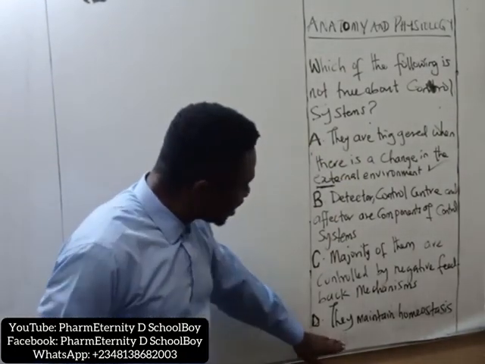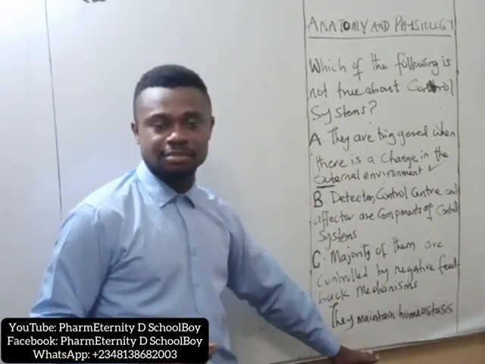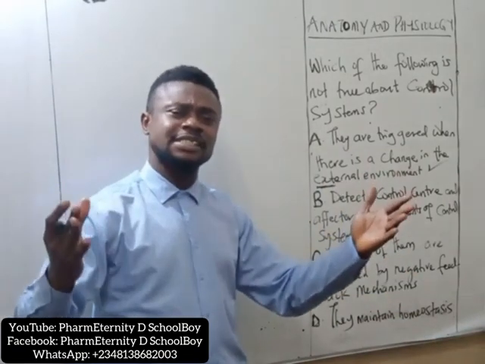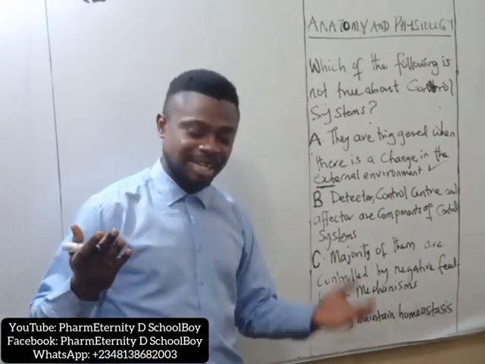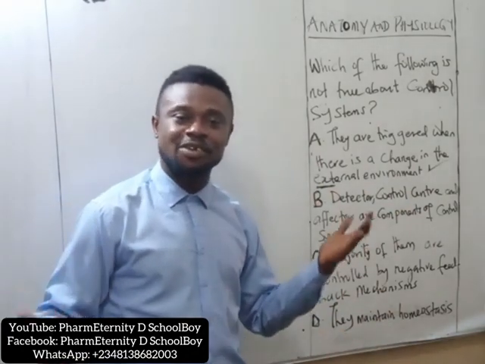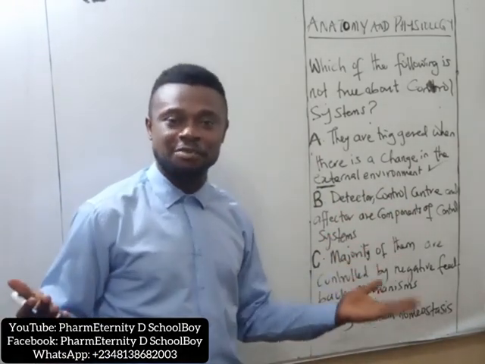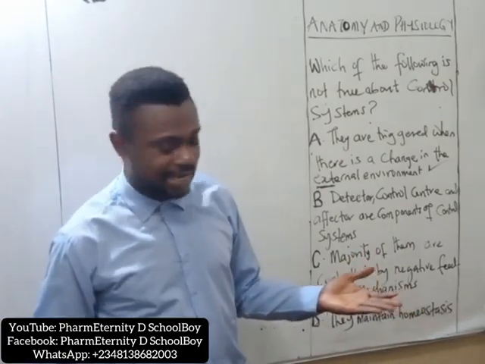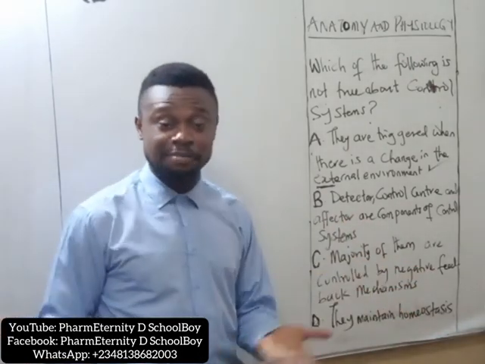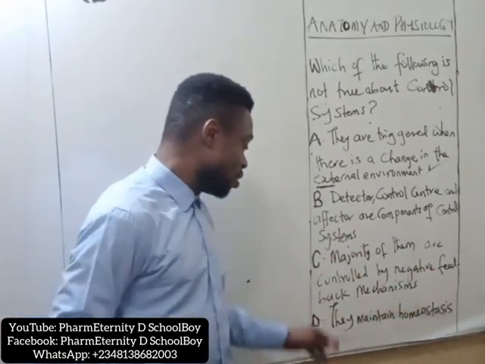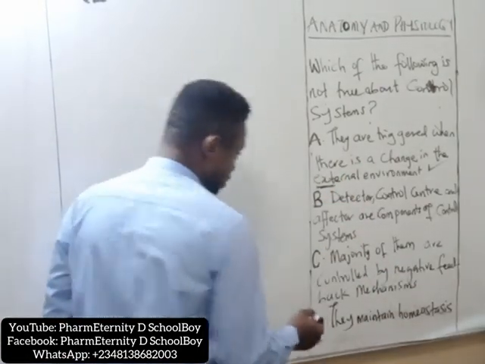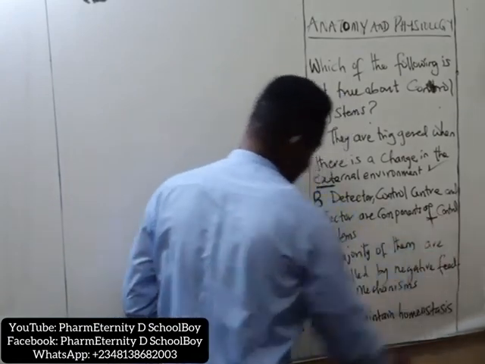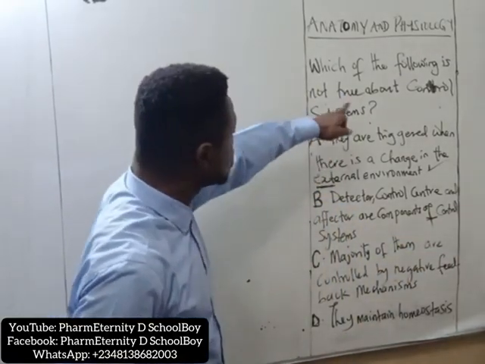Now, they maintain homeostasis. Of course, control systems maintain homeostasis. Maintain the balance, the fairly constant environment. Both the one within the cell and outside the cell are at a balance. That's what it does. So, because of that, this is not the answer, because the question says which of the following is not.